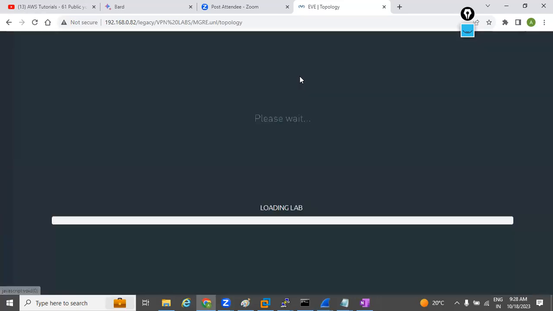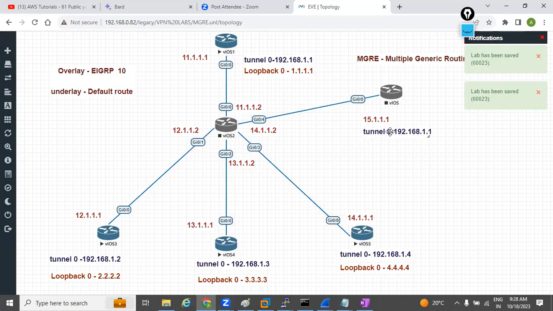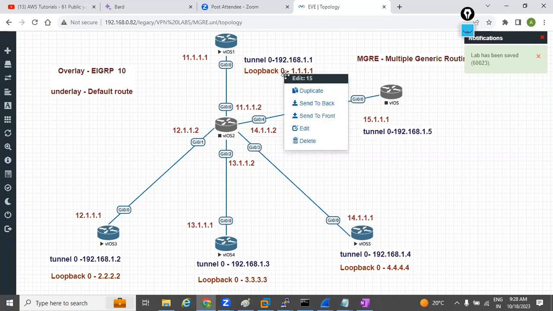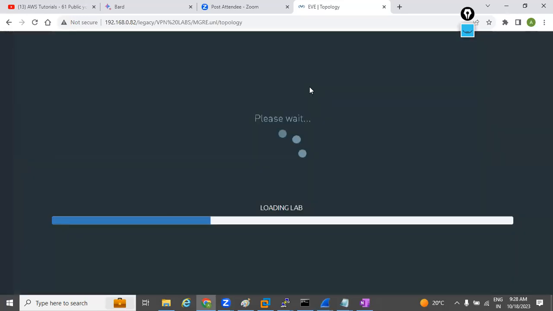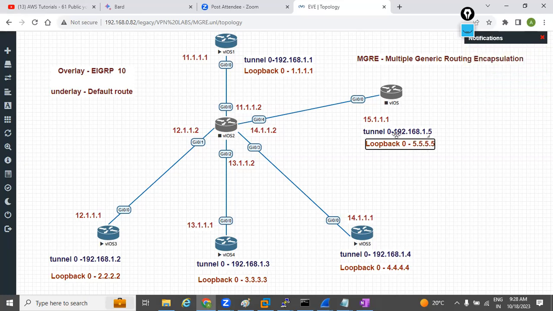Then a tunnel IP would be needed, let's consider .5, and one loopback here. Is this clear? This is needed here.